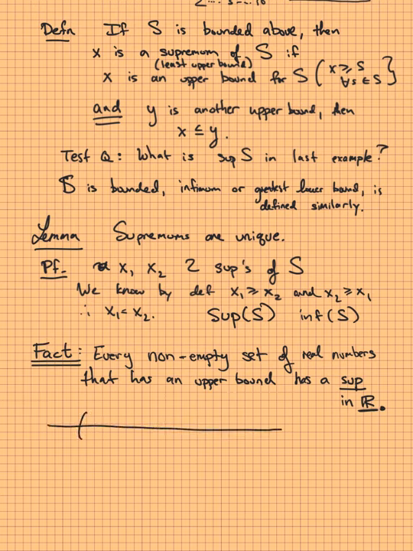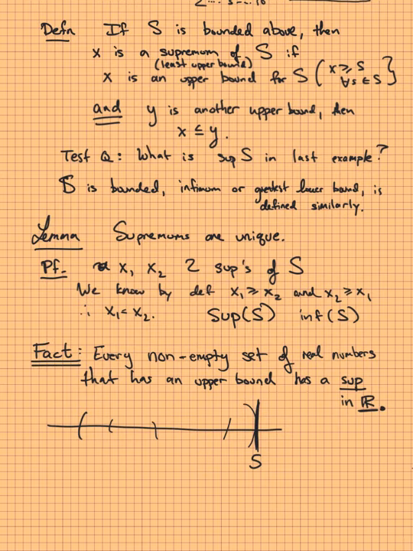If I give you some random set which is bounded above, you know that it has to have some least upper bound, some supremum, and that is a real number. This will turn out to not be true for the rationals, essentially because you can realize numbers like square root of 2 as supremums of sets of rational numbers.